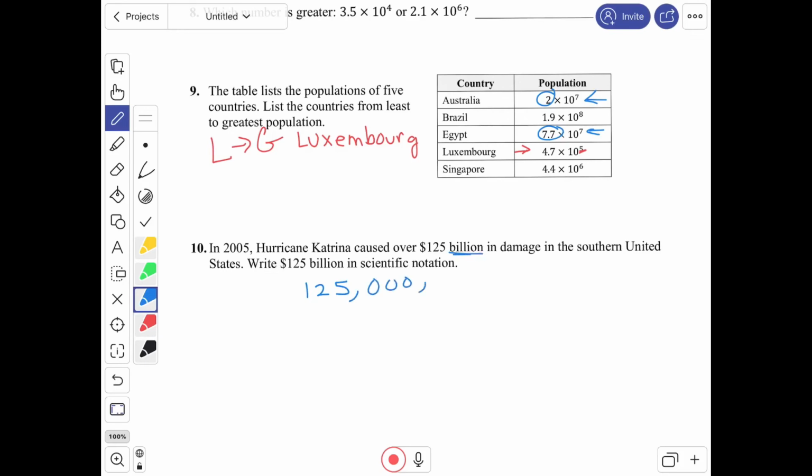So 125 billion would be how many zeros? That would be million. So if we want to write it in scientific notation, the decimal has to go behind the 1. And then we would need a positive exponent. What would I need to put here?